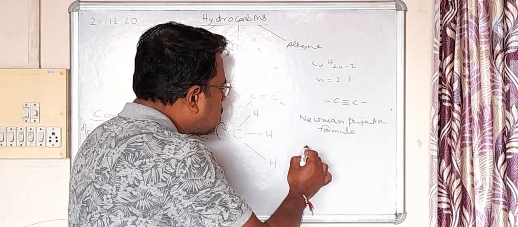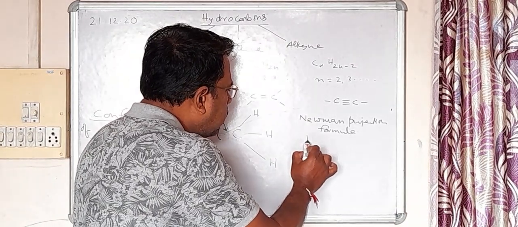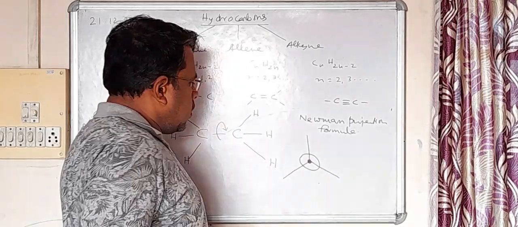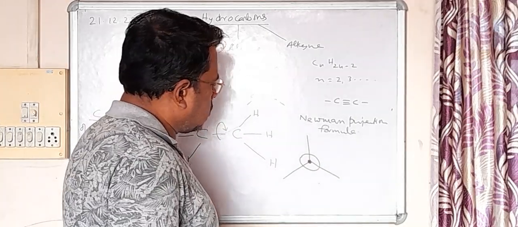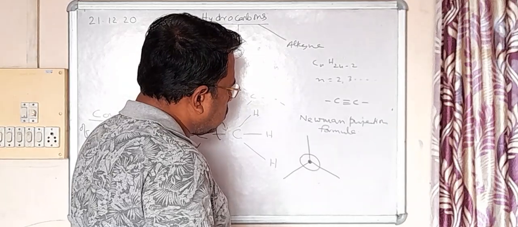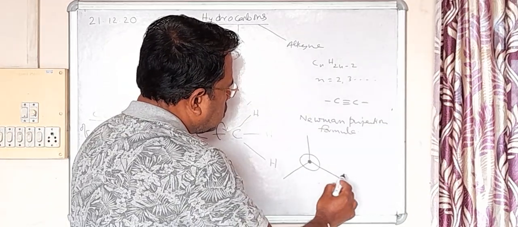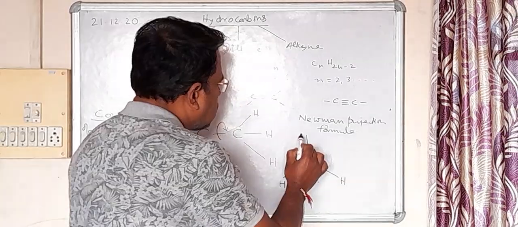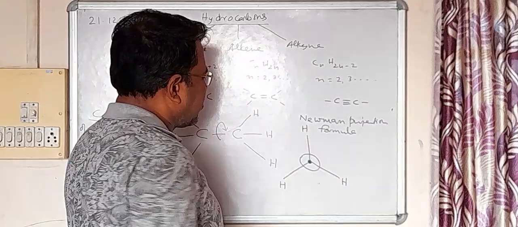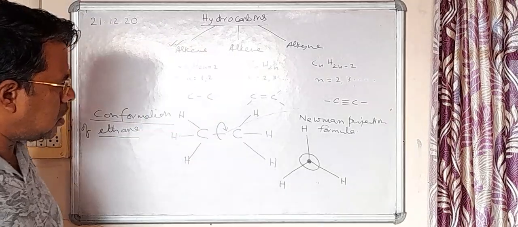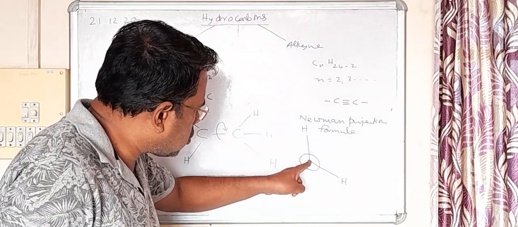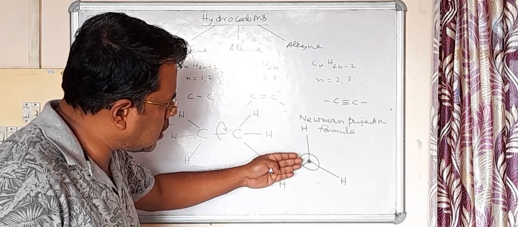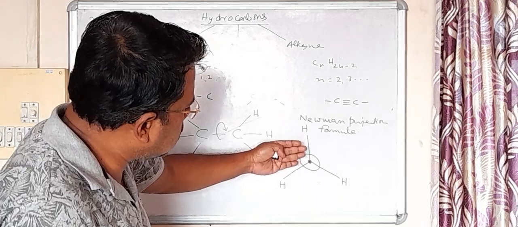And just see what I am doing here. Yes, so you see this dot carbon atom signifies that it is nearer to us.